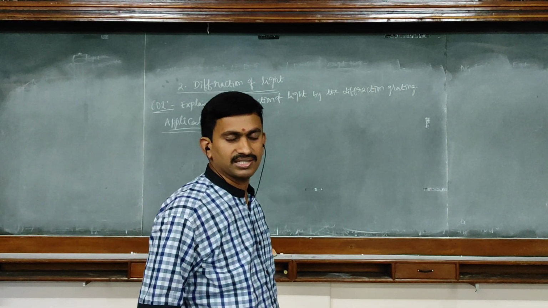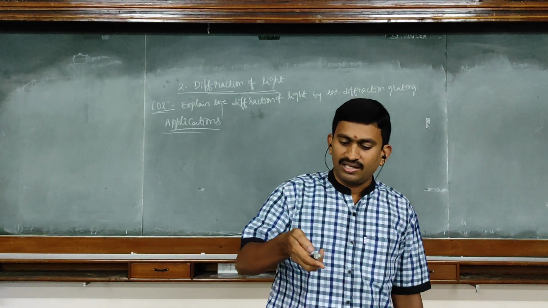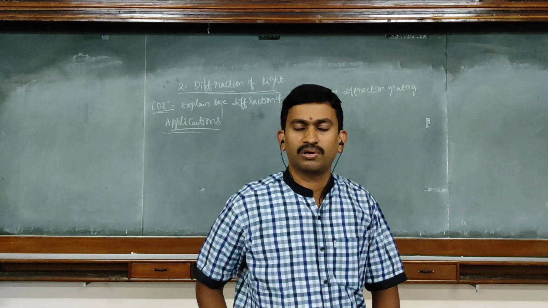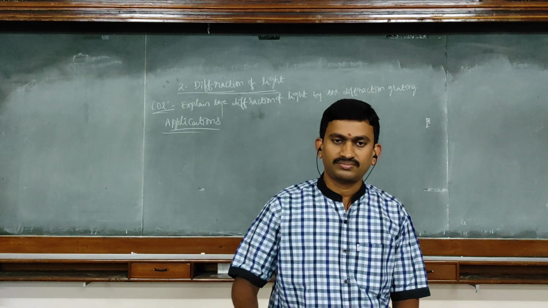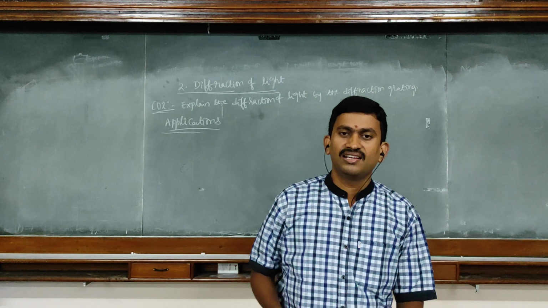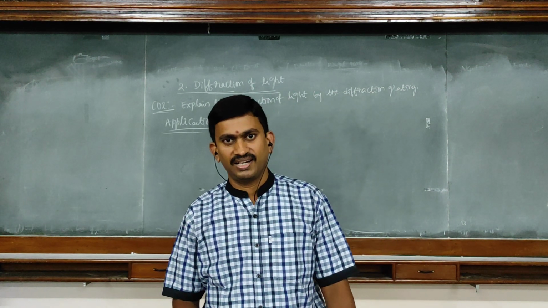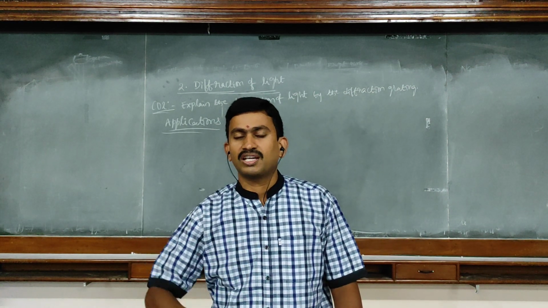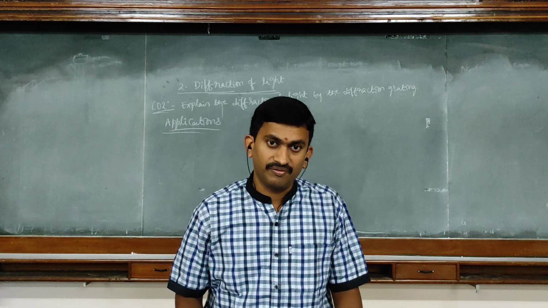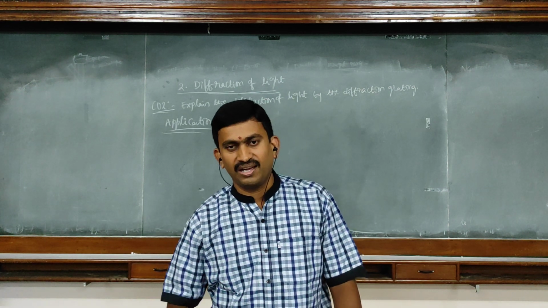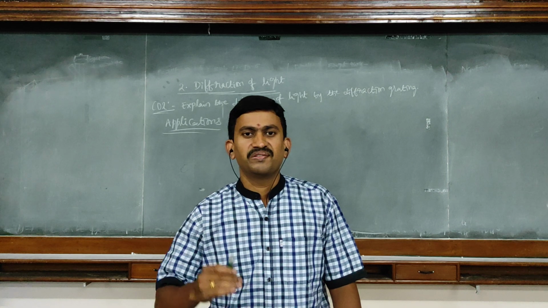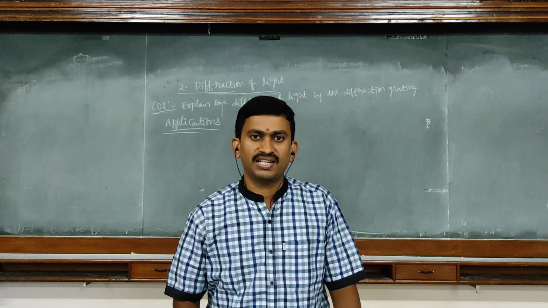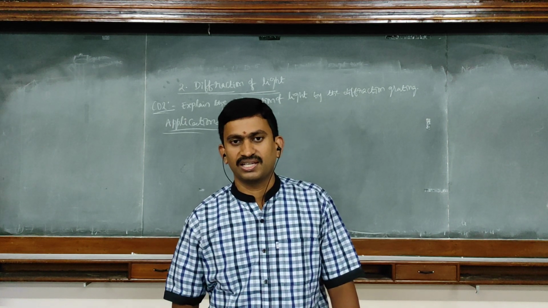This is the first application. This is the best example of a monochromatic source of light, as we already discussed in the interference unit also. So the first application is to determine the wavelength of a given monochromatic source of light.